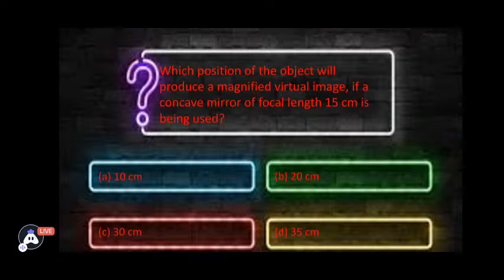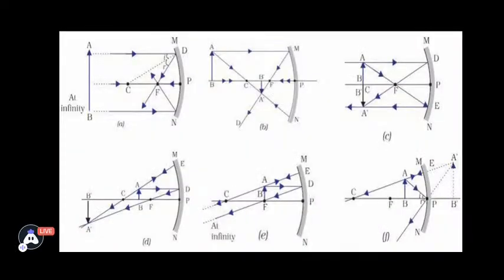If we are talking about a concave mirror and a magnified and virtual image, think about the mirror first. We have two types of mirror, concave and convex. The concave mirror has 6 situations for the ray diagram, and only one situation gives us the image in the form of magnified and virtual. Have a look. That particular situation is C. For your better understanding, I have taken all these 6 ray diagrams.